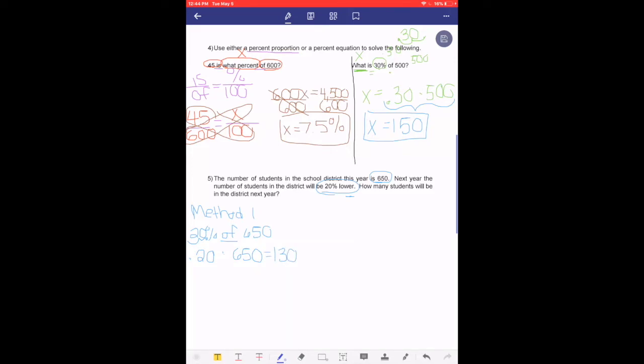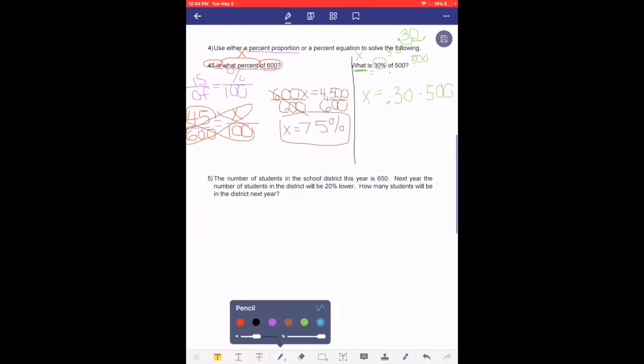And now I'm going to take my original amount of 650 and subtract the 20%, which was 130, to find how much I'm left with. When you do 650 minus 130, you'll get 520 students. In this case, remember, we're talking about student enrollment.